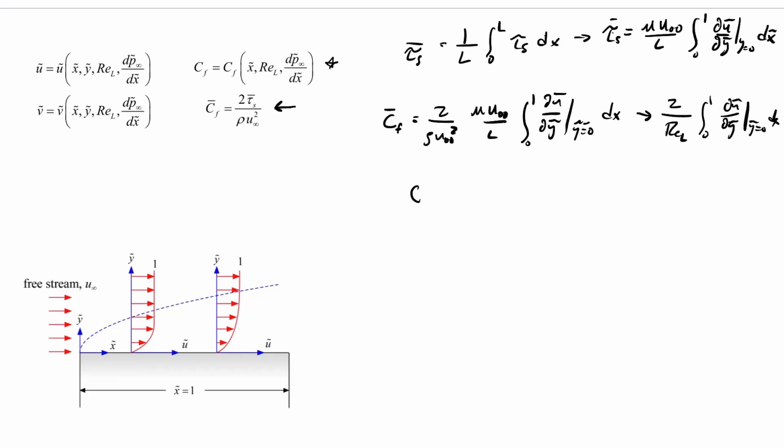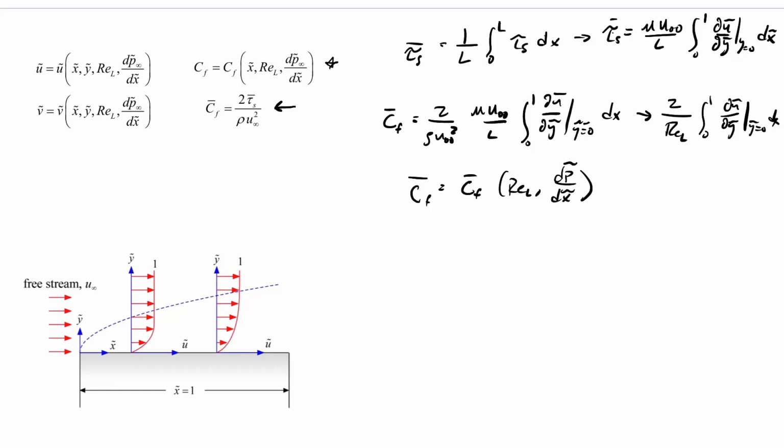C bar F is going to be a function of the Reynolds number and dp dx. So for the average coefficient, you can come up with correlations that are based just on the Reynolds number of the flow and the pressure gradient in the x direction. That makes our job as people developing correlations even easier.